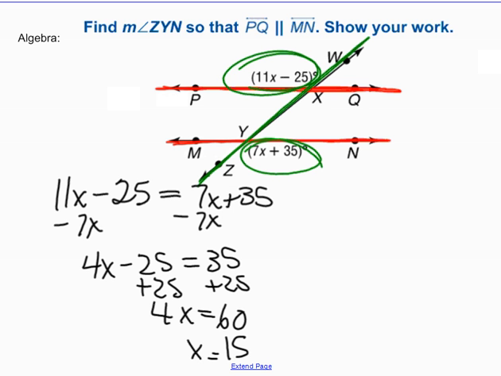That's not finished yet because we still want to find the measure of angle ZYN. If we find that in the drawing, it's this angle right here.